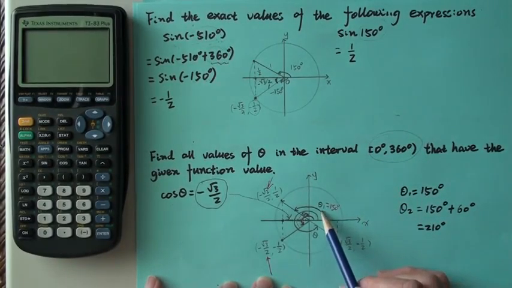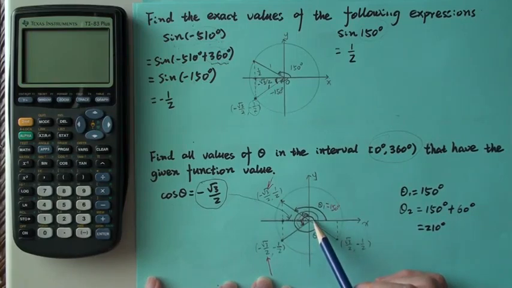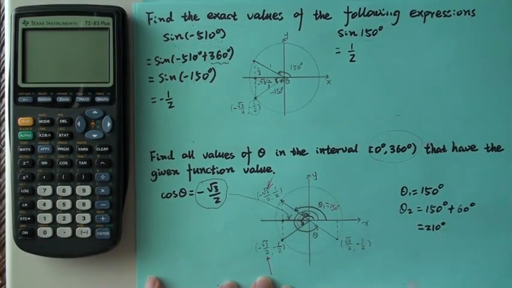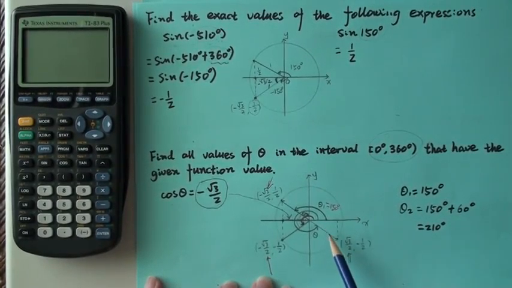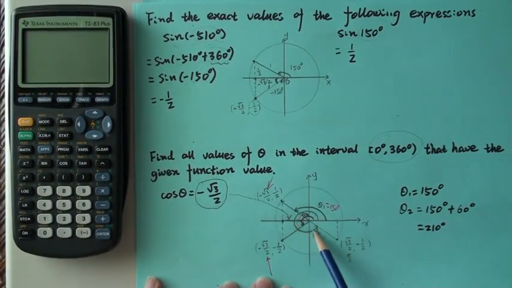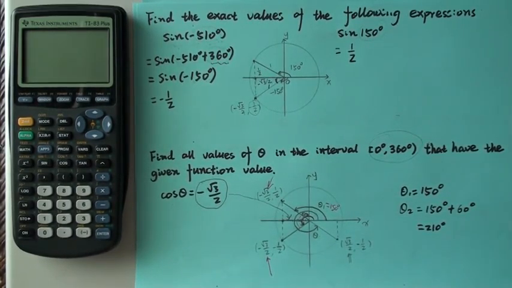So theta 1 is 150 degrees and theta 2 is 210 degrees. And this other one is not a solution, because its x coordinate is positive, since it's on the positive side. Please review this lecture. I'll see you next time.